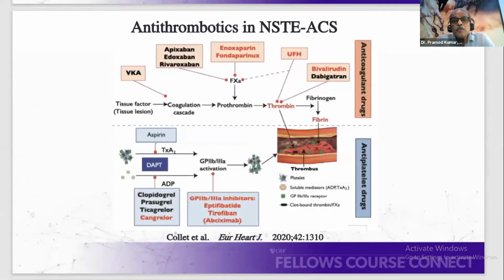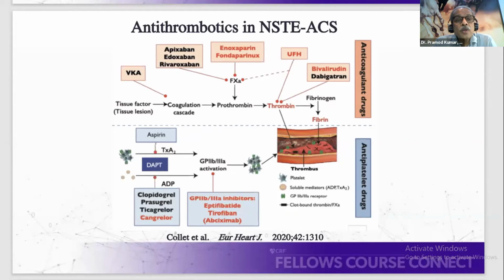Now let's come to the antithrombotics in non-ST elevation. You can see that on the top are anticoagulant drugs, and at the bottom are the antiplatelet drugs. There is a host of them available right now. The IV drugs which are available are bivalirudin, unfractionated heparin, and then you have low molecular weight heparin and fondaparinux.